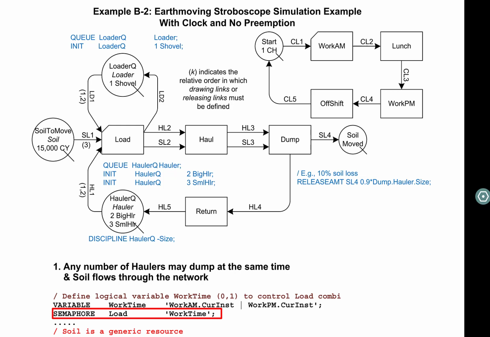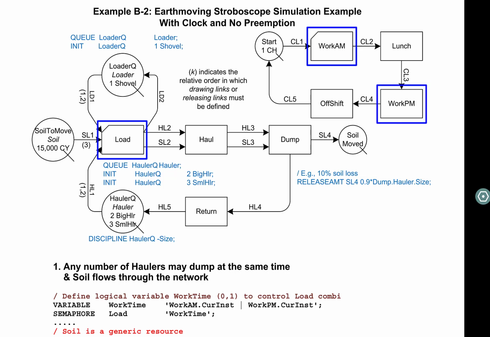Clearly, the semaphore for activity load will be true only during work time, and that will allow a new instance of activity load to take place, i.e. to start, only when the variable work time returns true. The end effect is that activity load can only start when the clock has an instance of work AM or an instance of work PM.